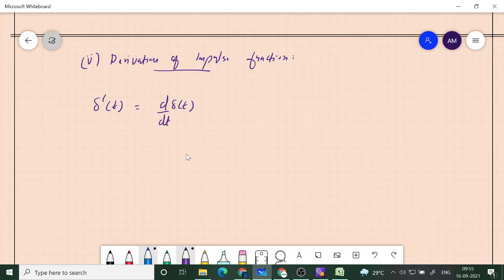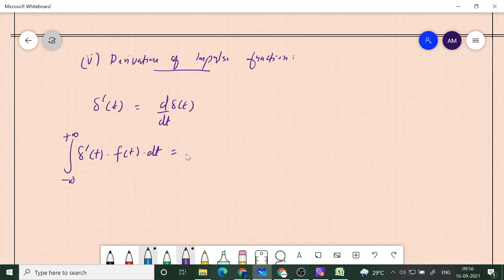Derivative impulse functions don't usually appear standalone. They will come in as a part of some integration. So we will see what it does to a standard, ordinary, well-defined function. So multiplying delta of t with f of t, and then integrating from minus infinity to plus infinity dt. So what is the answer for this?